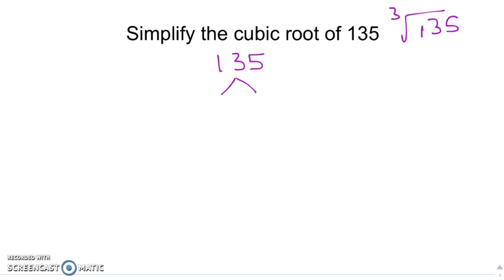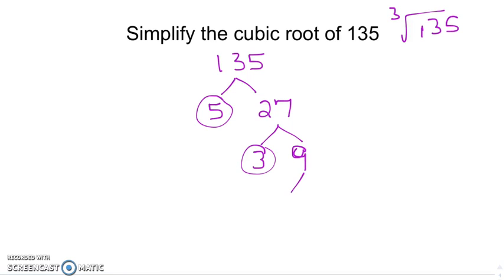It ends in a 5, so I know 5 would be a factor. It goes in 27 times. 27 could branch off with a 3 times 9. 3 is prime. 9 could branch off with a 3 times 3. And now I see a set of 3 3's, or a group of 3 3's.